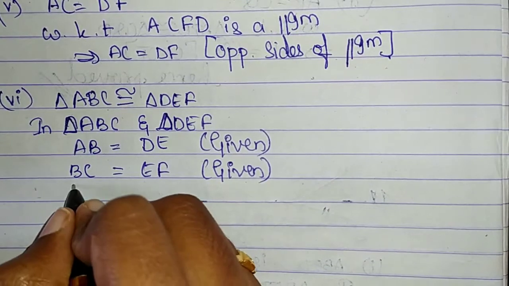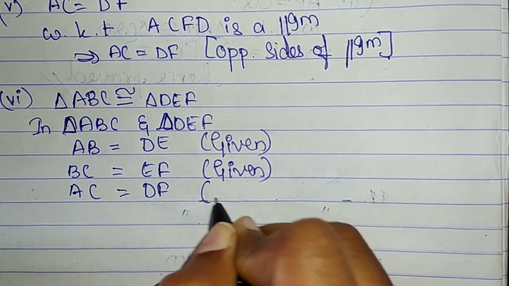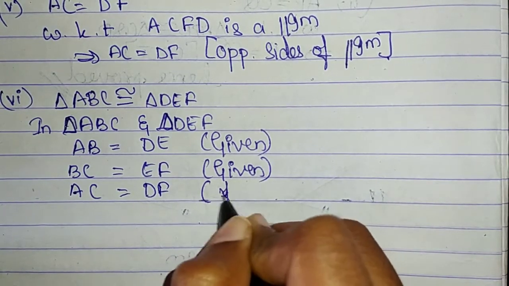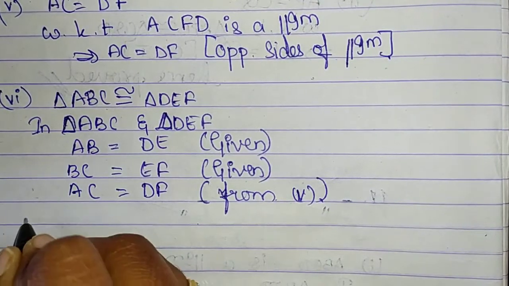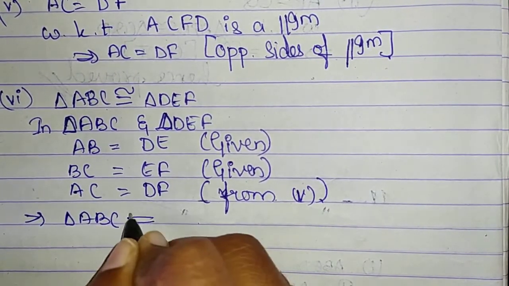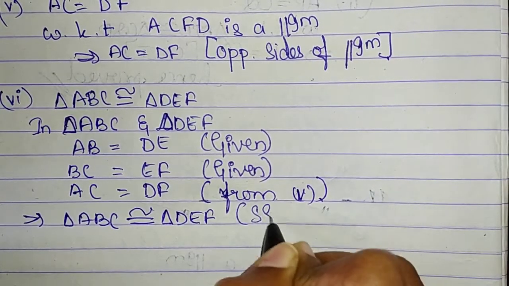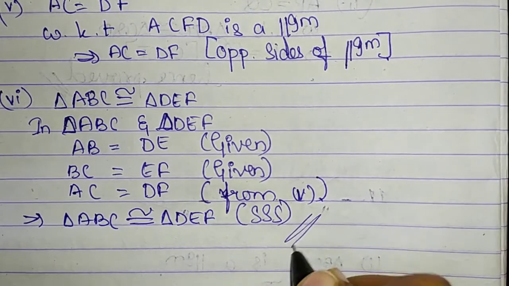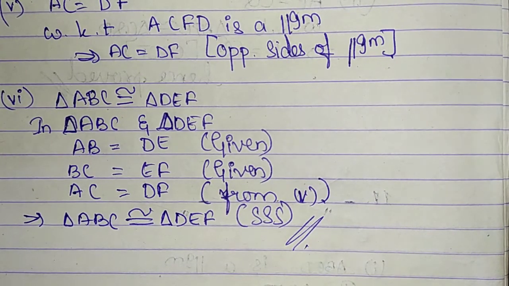Then we have AC is equal to DF, which we proved in result 5. So this implies triangle ABC is congruent to triangle DEF by the SSS postulate. So this is the complete solution for question number 11.